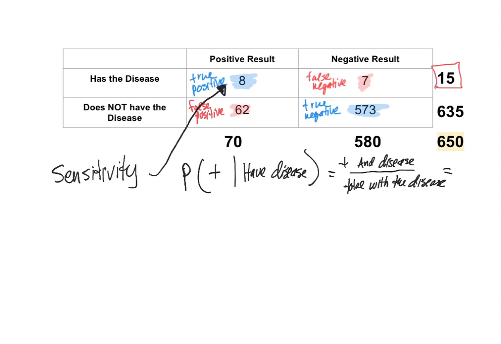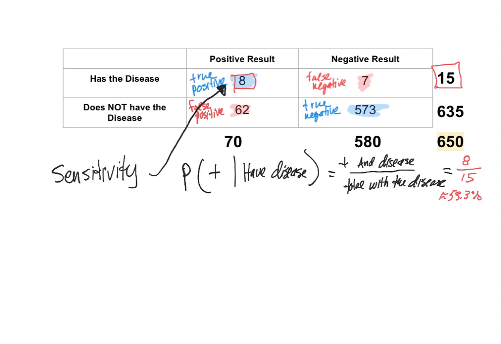And out of those 15 people, 8 of them tested positive. So we get an 8 out of 15. Now, you could convert that into a percentage. You could convert that into a probability. And let's actually convert this into a percentage. Putting this in the calculator, we get approximately 53.3%. So this test has a sensitivity of 53.3%.